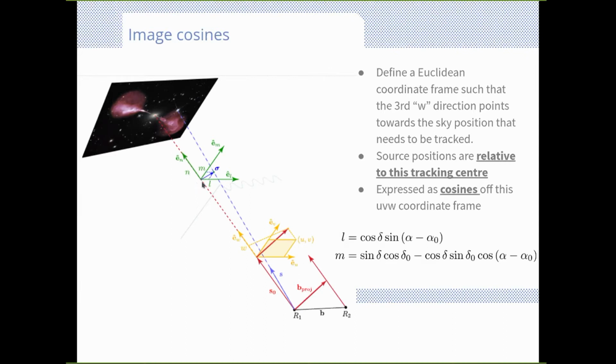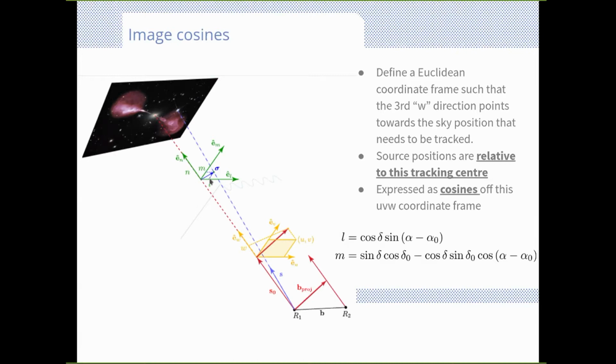If it's slightly off that tracking center though, so you have a slight offset to say this source over here, just above the lobe, then it's indicated by an offset vector, sigma, in this case, I've indicated over here, and that sigma vector is projected onto our baseline. Now, as our baseline moves because of our angle, we get essentially for free different projections over time. So this is known as Earth rotation synthesis.